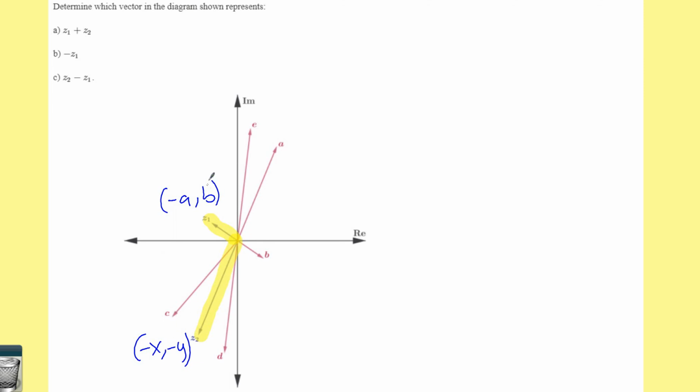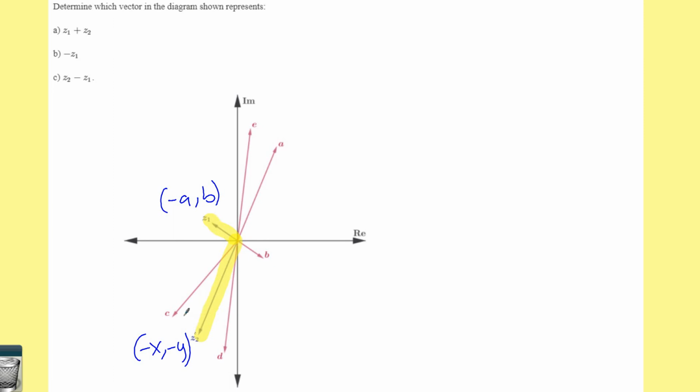If I'm adding the X's together, that's making it longer, so it should go further to the left. And if I'm adding the Y's together, well, really it's the difference here.